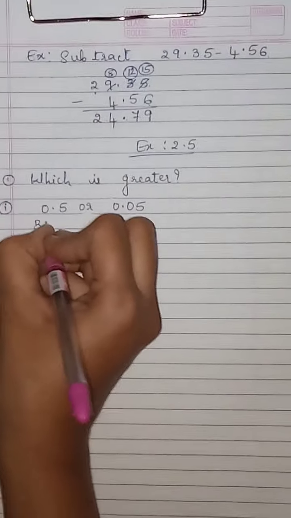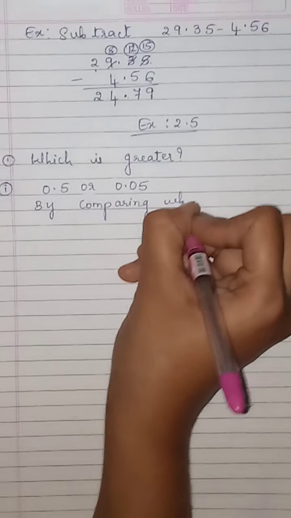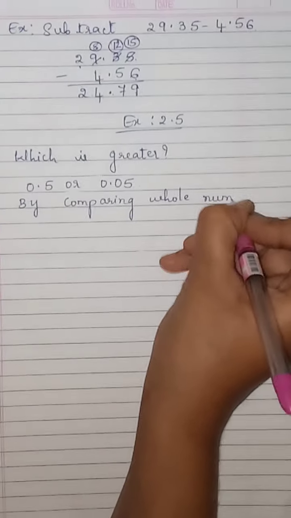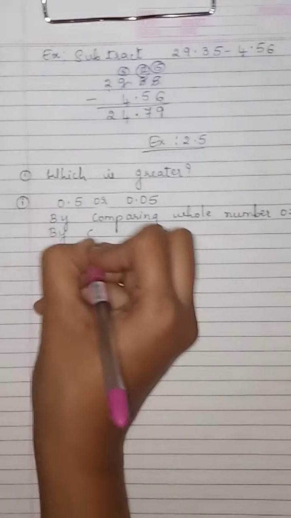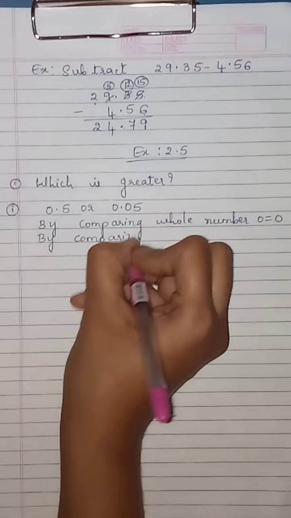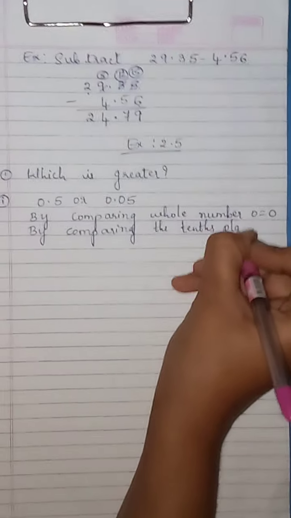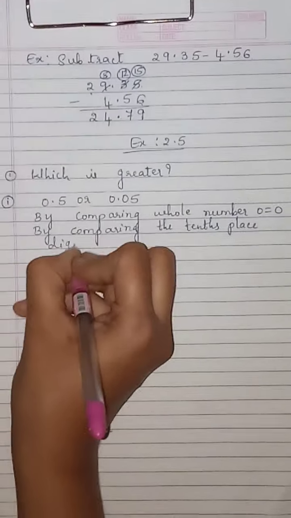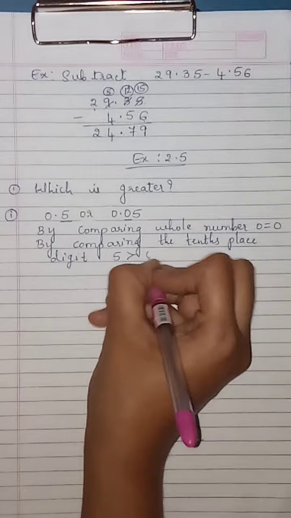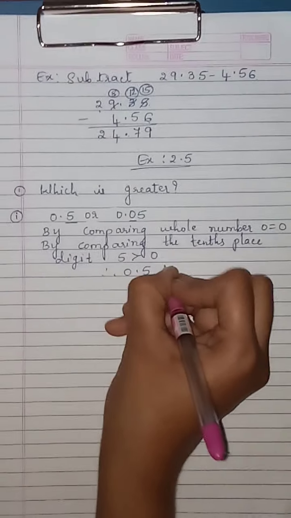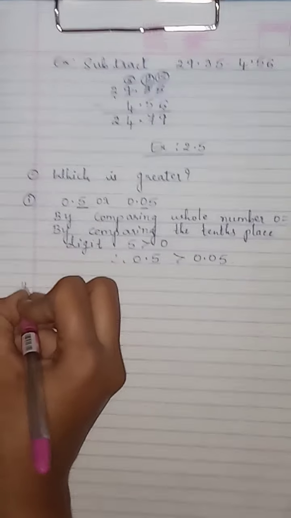Here, by comparing the whole number, 0 equals 0. Therefore, by comparing the tenths place digit, here in the tenths place 5 is there and here 0 is there. 5 is greater than 0. Therefore, 0.5 is greater than 0.05.